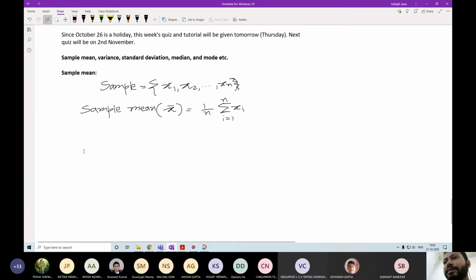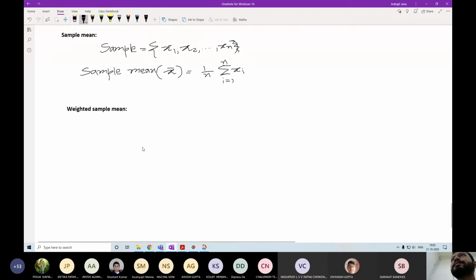But along the same line, let me tell you about a variation of the sample mean. Suppose we have two samples. Sample 1 contains these data points x1, x2, up to xn.